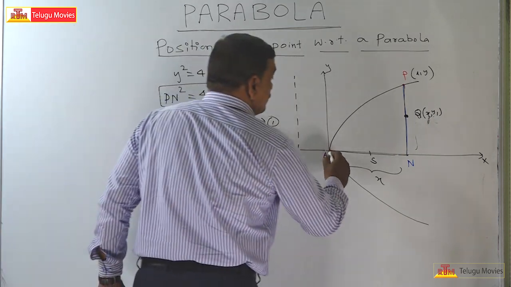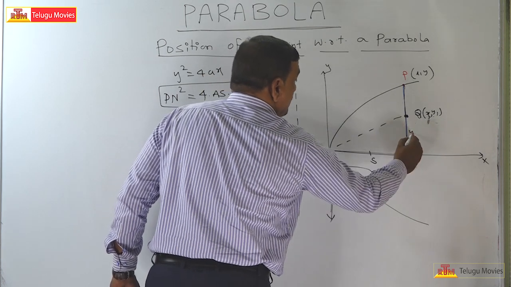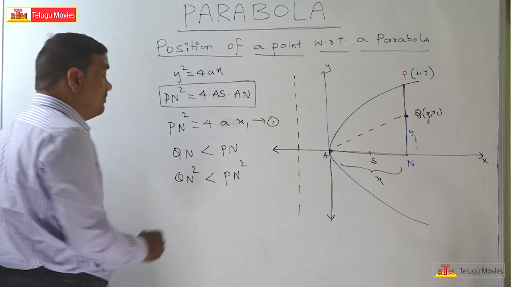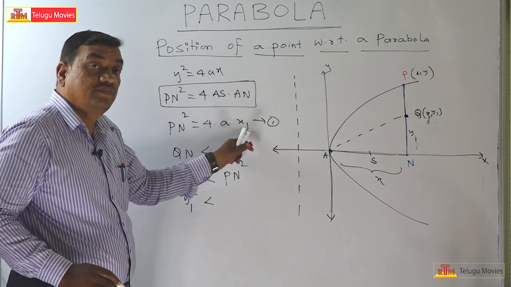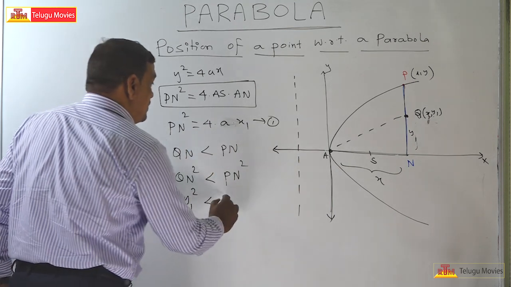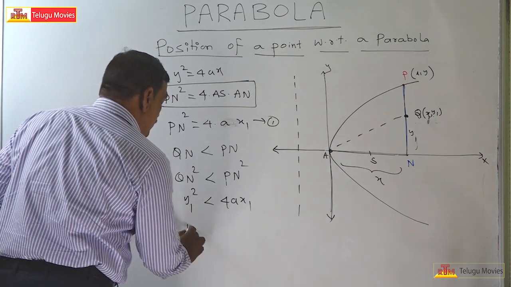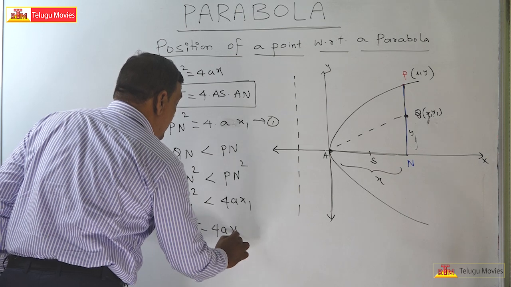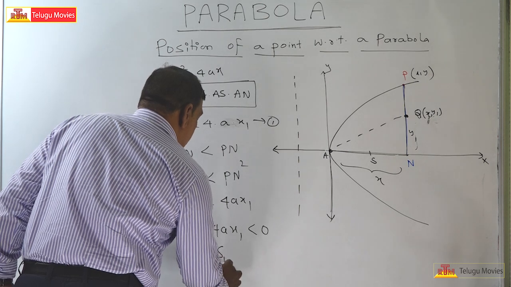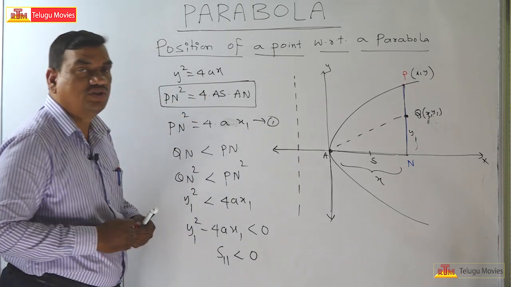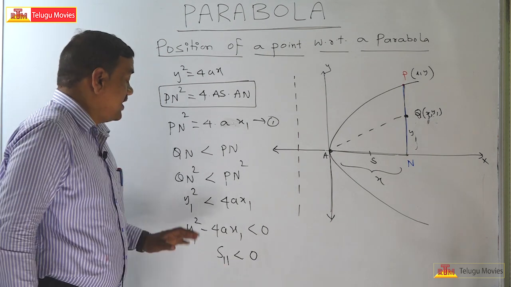QN is nothing but y1, so y1 square, and PN square is 4ax1. Take this side, y1 square minus 4ax1 less than 0. This we denote as S11 is less than 0. So this is the reason S11 is less than 0. So this is the derivation.